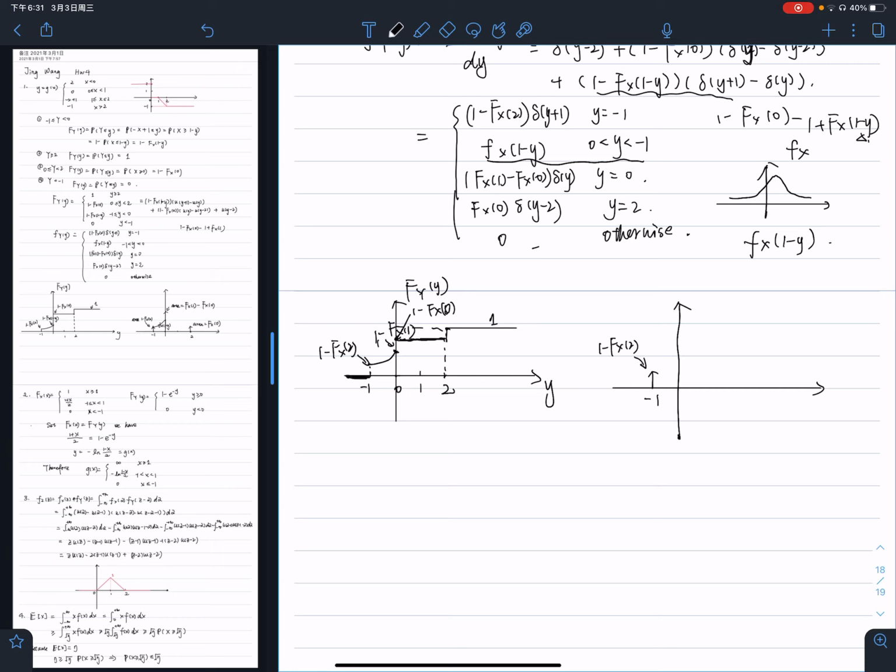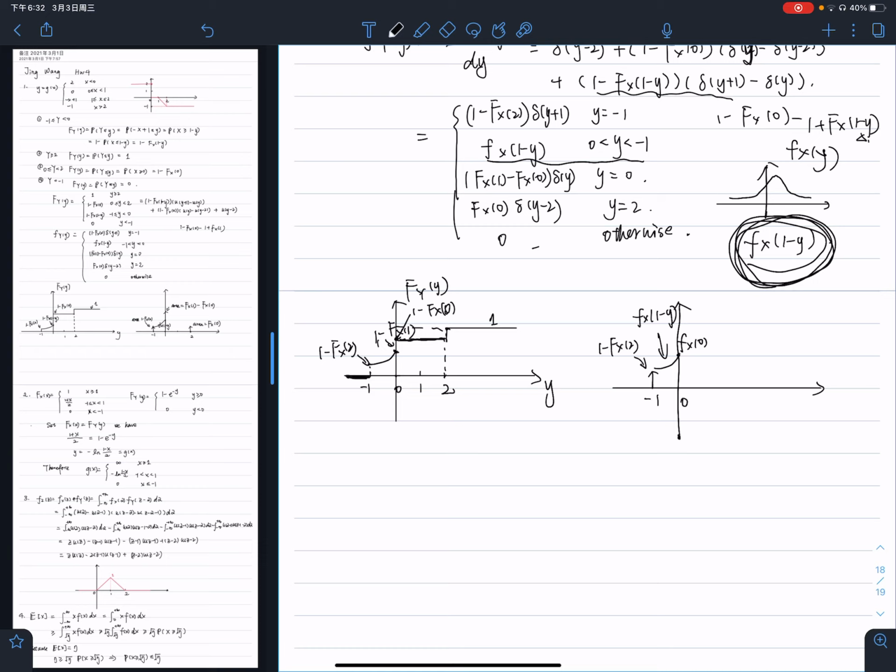And then the function of this should be like this, and this is f_X(0). Then it is 0.